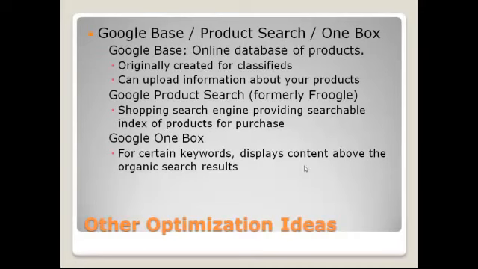Google Base, or the product search. It's an online database of products. It was originally created for classifieds, but you can upload information about your products. Their product search, used to be Froogle, is a shopping search engine providing a searchable index of products that you can buy. And what's cool about that is, because it's in Google, it just has a little bit more trust.